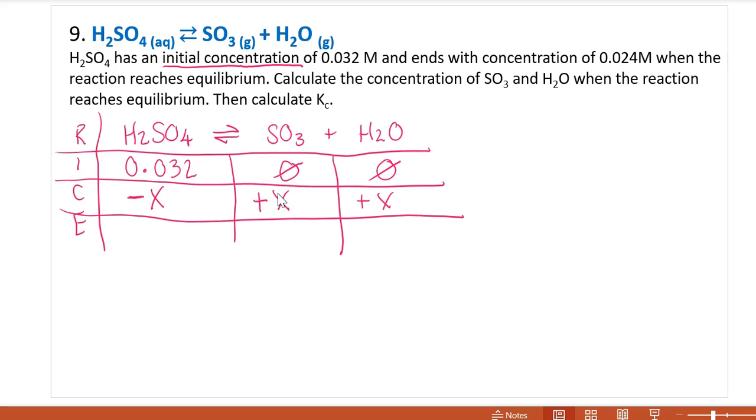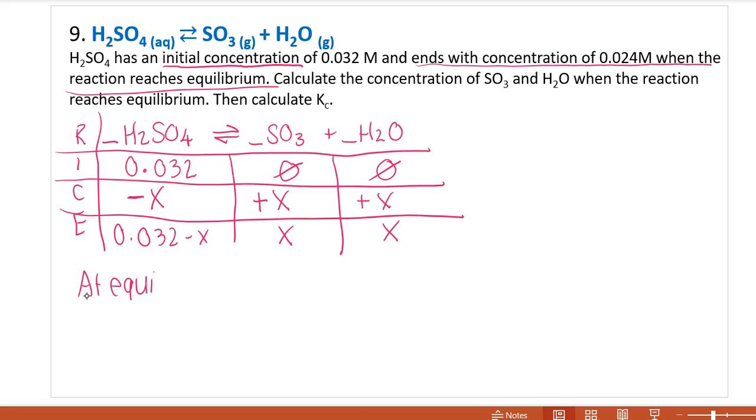The other thing that we need to be careful for in this step is to look for coefficients. If any of these had a coefficient other than 1, we would want to bring that coefficient down. 0 plus x is x, 0 plus x is x. Next, it tells me that H2SO4 ends with a concentration of 0.024 molar when it reaches equilibrium.